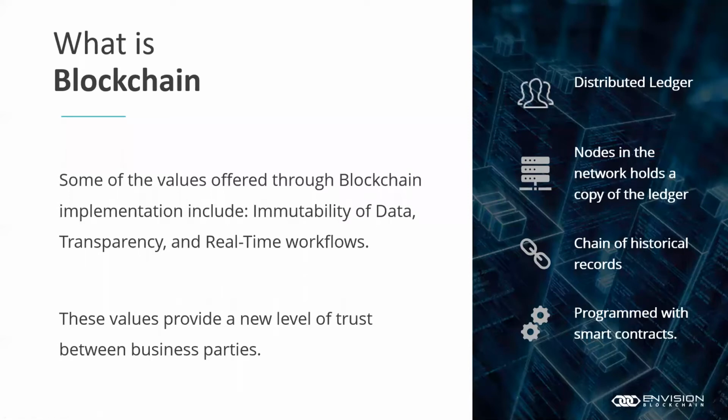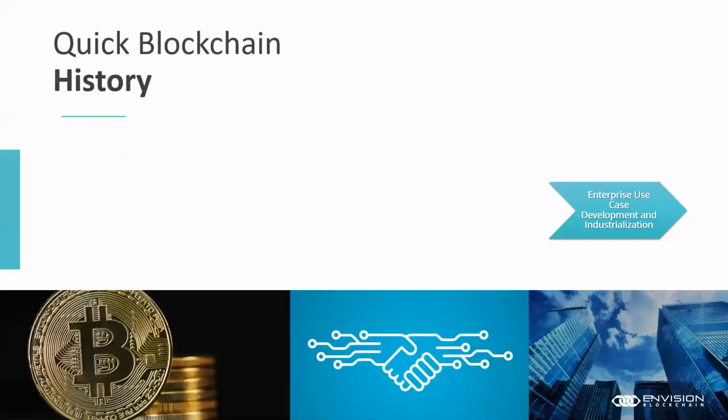Okay, so just one more history lesson on the blockchain history, right? I'm starting with the end in mind. So we have enterprise use case development and industrialization. And we're going to fly through this really quickly. But at the very beginning, back in 2008, the brilliant mind of Satoshi Nakamoto released the Bitcoin white paper.